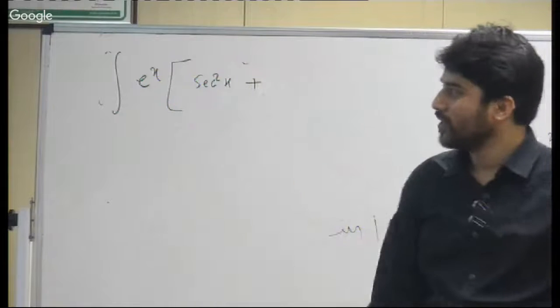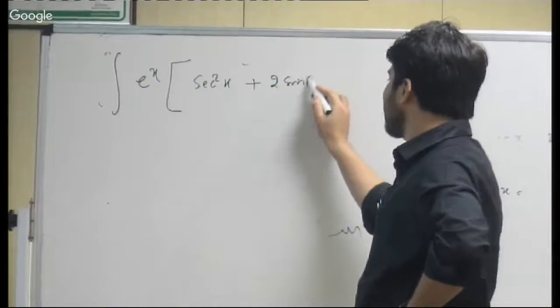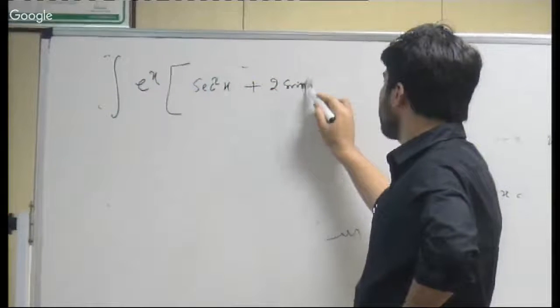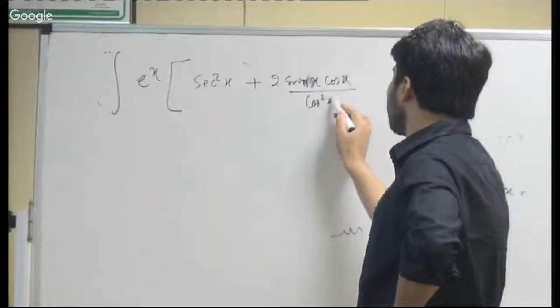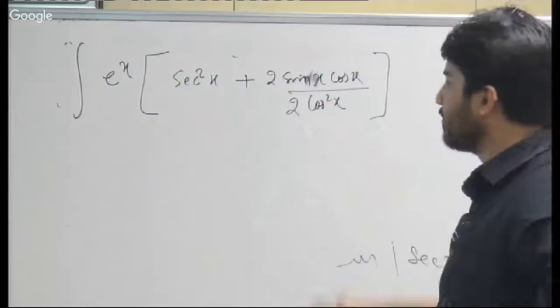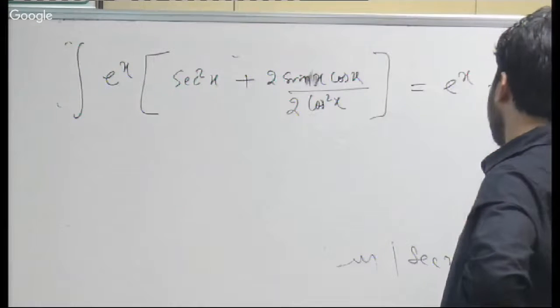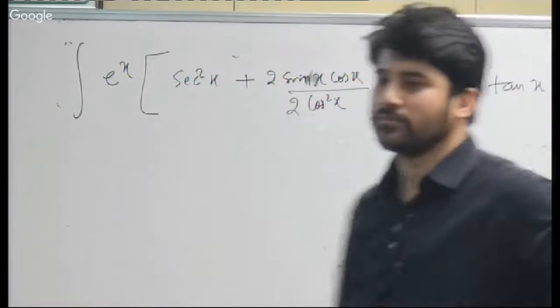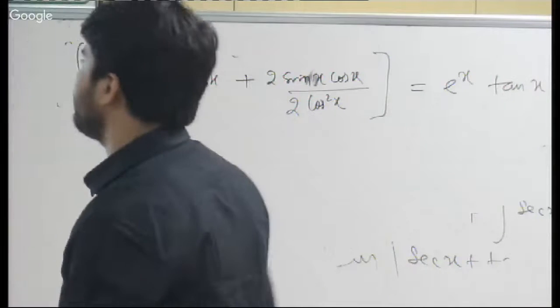Plus 2 sine x cos x upon 2 cos square x. So what did we get? So what will be the answer? See, easy now? Okay.